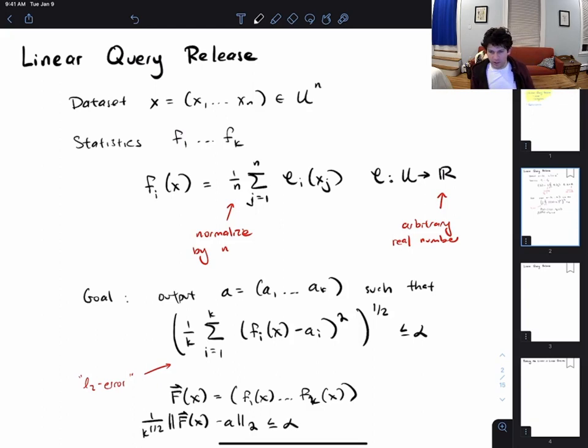So that's why I'm calling this L2 error, and why I'm saying that we're suitably scaling it. That's the linear query release problem that we've introduced, with a few of these little tweaks that I highlighted in red. Some of them are not particularly fundamental. They just make the math a little more natural, in my opinion, for what we're going to talk about in the next several lectures.